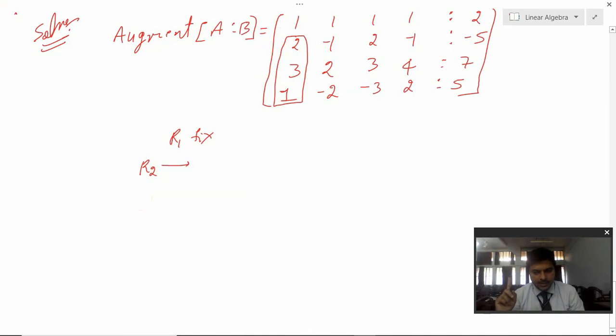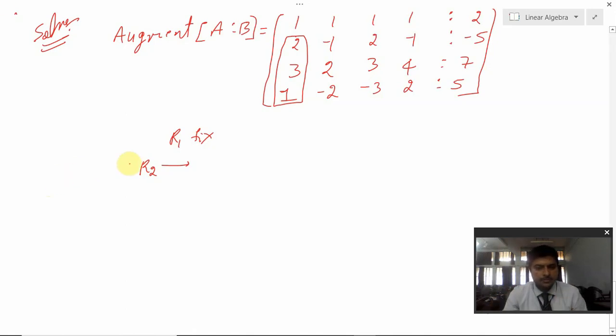Now when you are going to fix this R1, please remember that this must be a minimum value. So if you take from 1, 2, 3, 1 is minimum, therefore I have kept 1 in the R1 place. Easily I can subtract from R2, R3, R4.